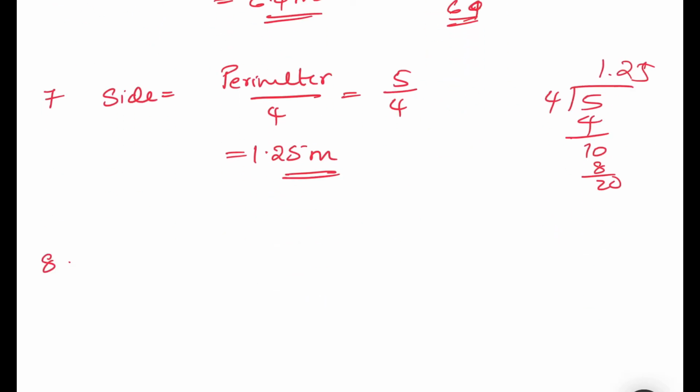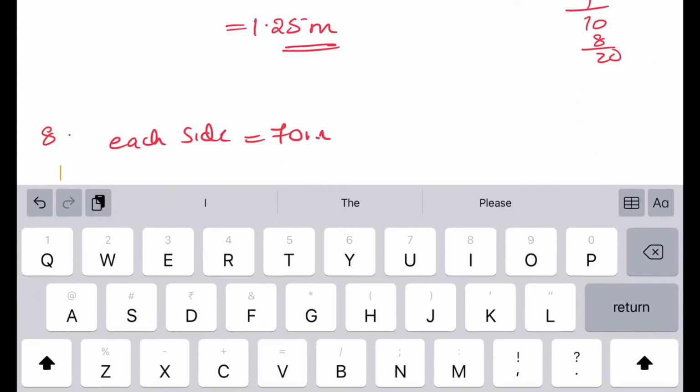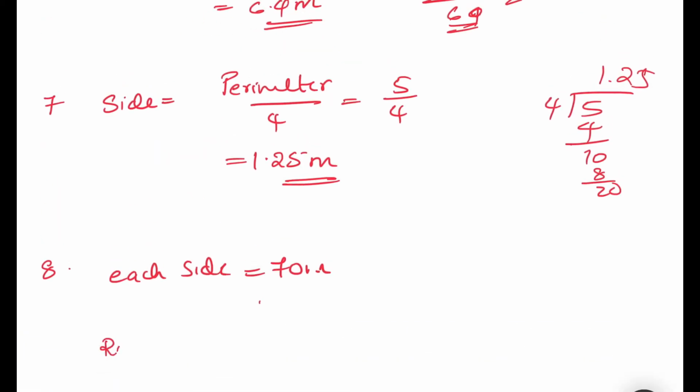A square field has each side 70 meter, whereas the rectangle field has 50 meter and 40 meter. So each side of the square field is 70 meter. Similarly, for the rectangle, the length is equal to 50 meter and breadth is equal to 40 meter.